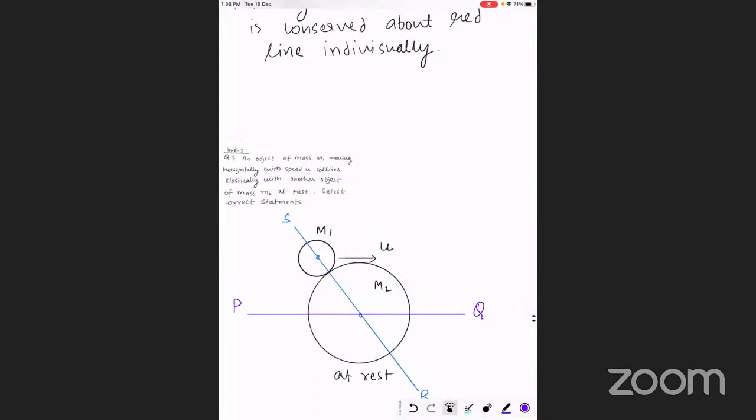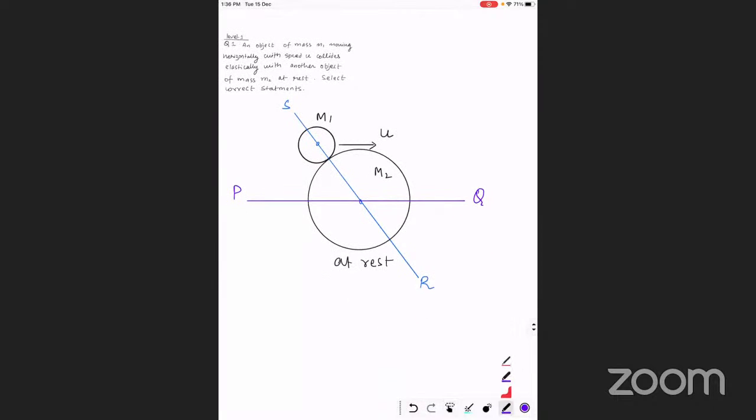Option A is saying the momentum of the system is conserved only in direction PQ.